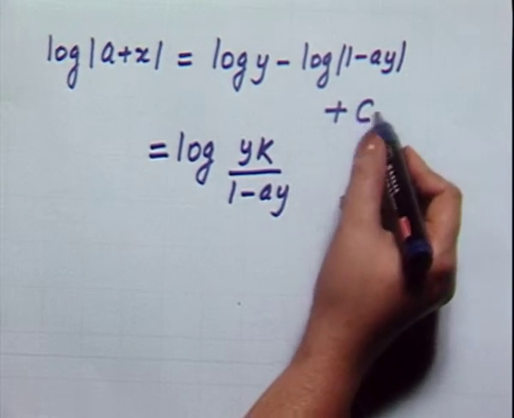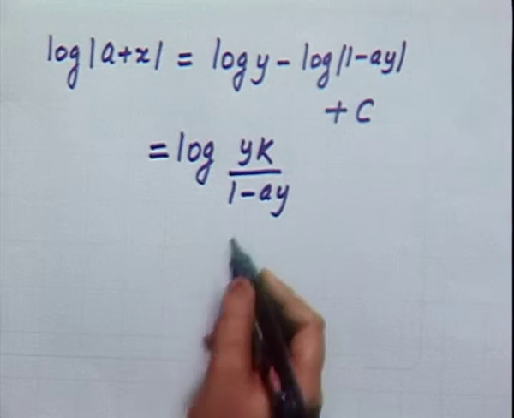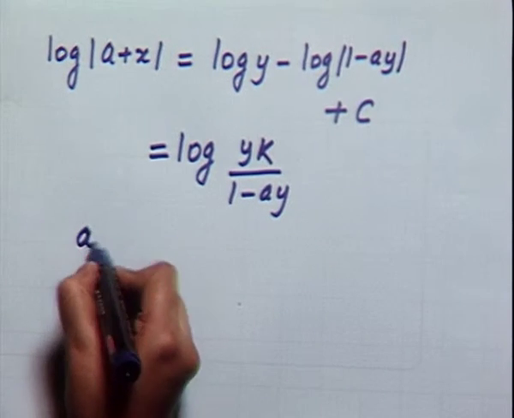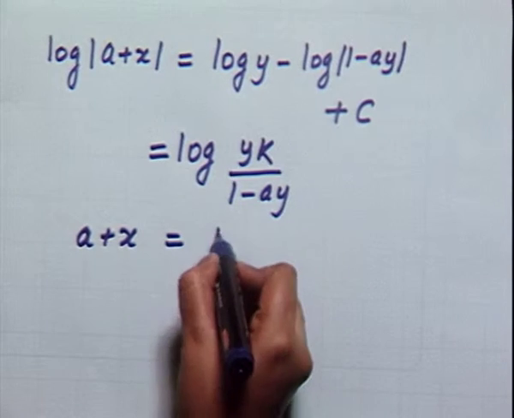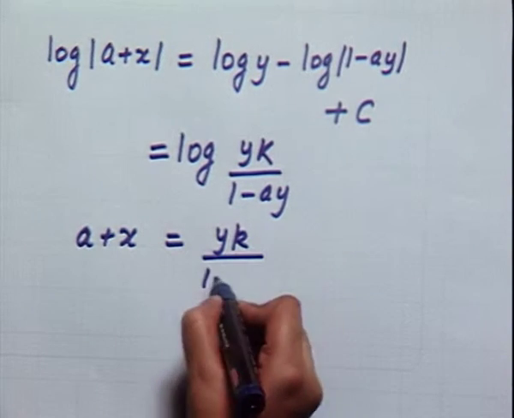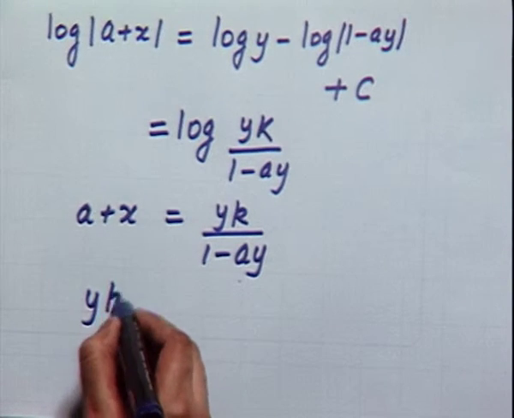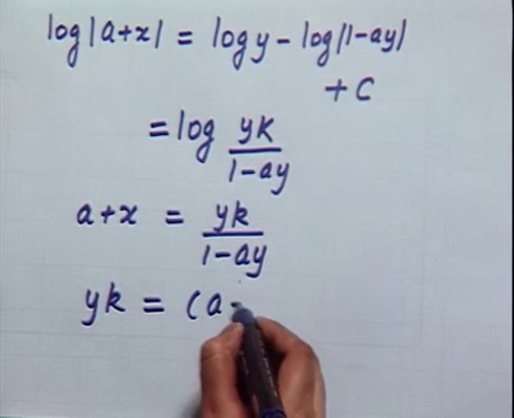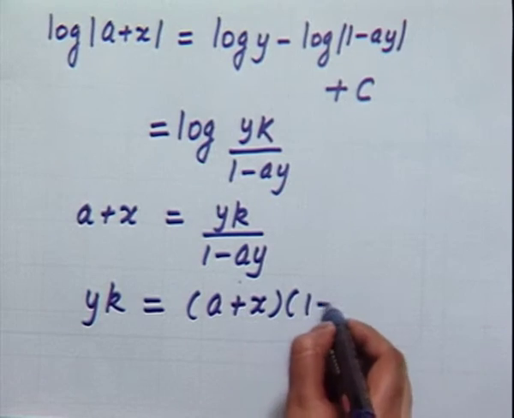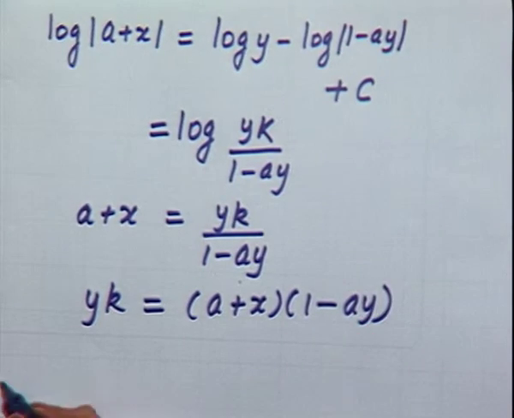You can even write the c directly as log of c, and therefore I can have my final solution as ky by 1 minus ay. You want to adjust it further, you can write it as yk is equal to a plus x into 1 minus ay, and that will be the solution of the given differential equation.